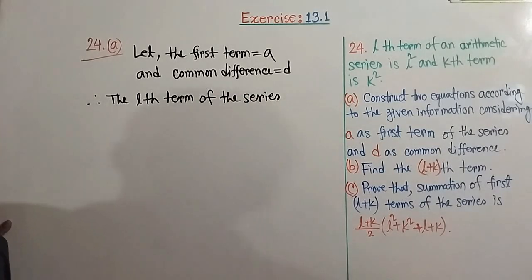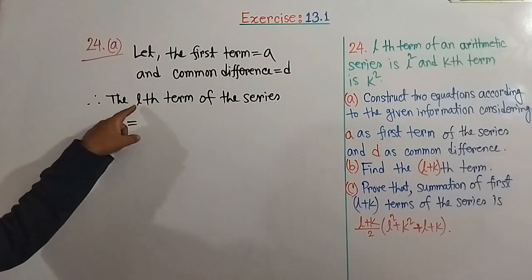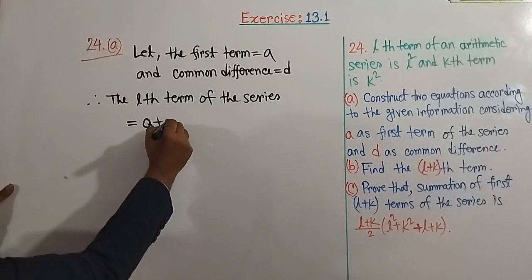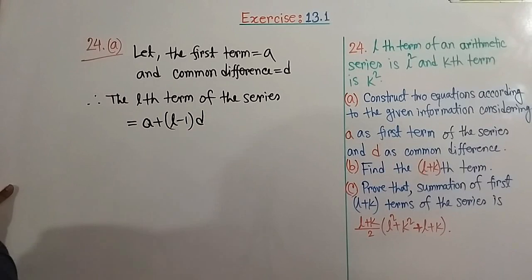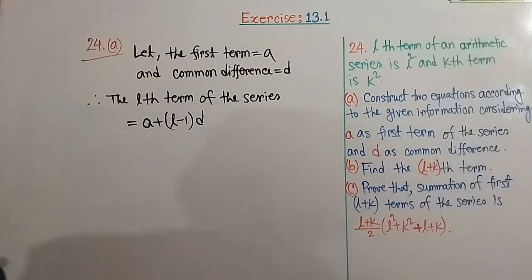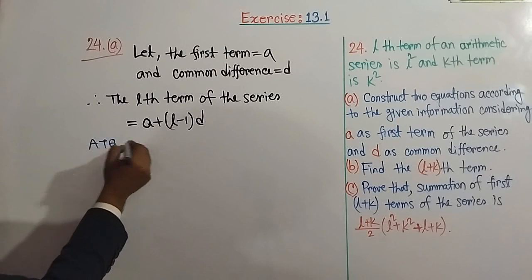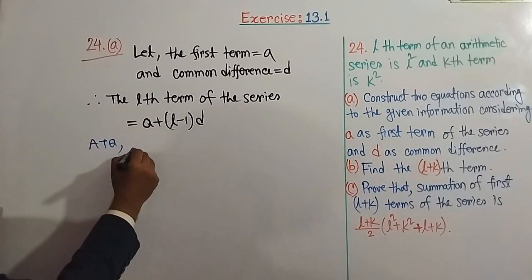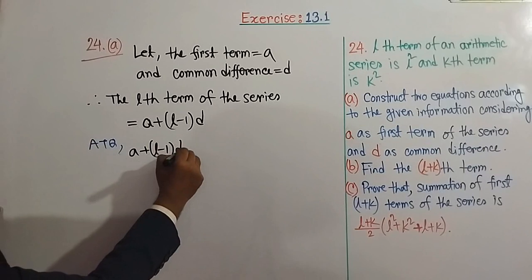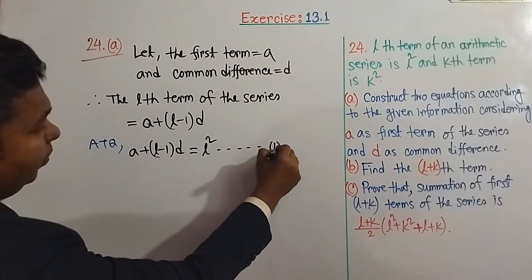Here the series is an arithmetic series, and we all know the formula of the nth term of an arithmetic series is a + (n − 1)d. Here the number of term is L, so a + (L − 1)d. And according to the given information, the nth term is L square. So according to the condition, here the nth term a + (L − 1)d equals L². We denote this as equation number 1.